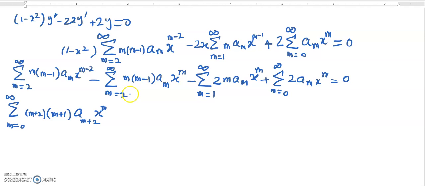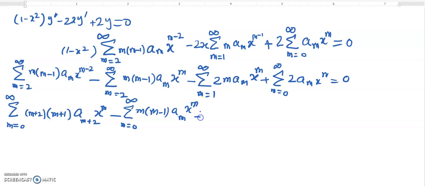If I take m equals 1, then due to m minus 1, it will also be 0. So this means I don't need to make any change here. I can simply write m equals 0, because the first two terms will be 0, and then it will be m times m minus 1.